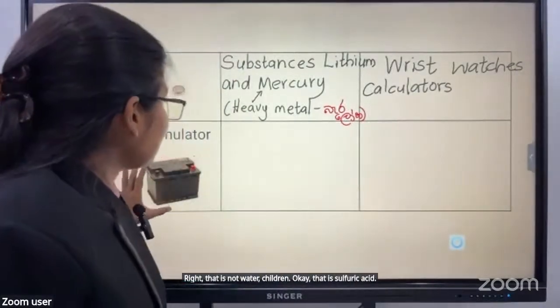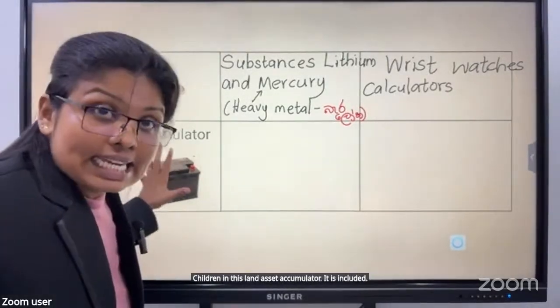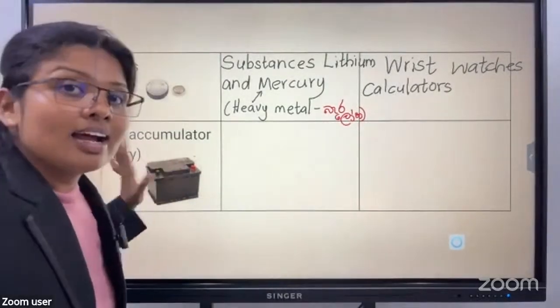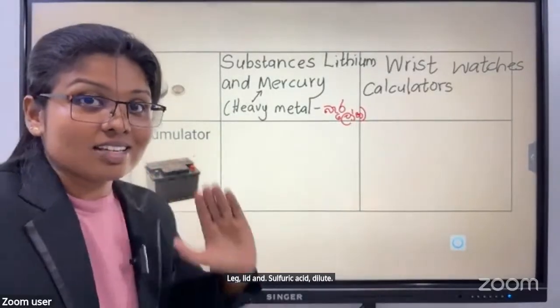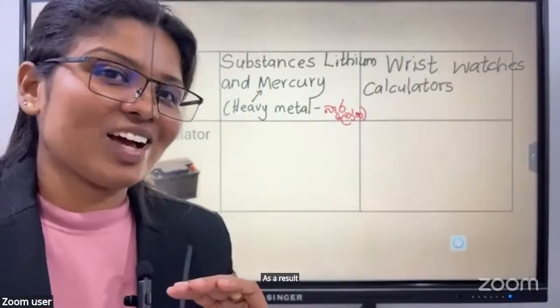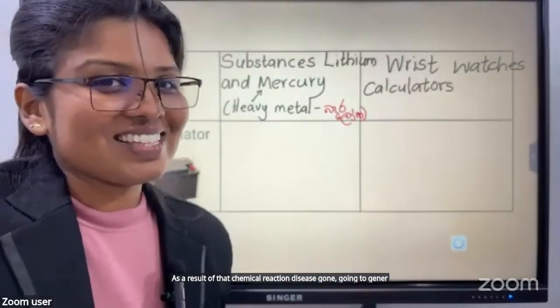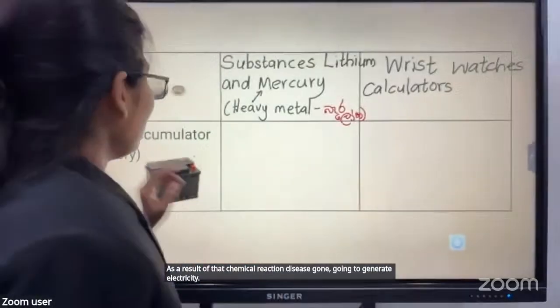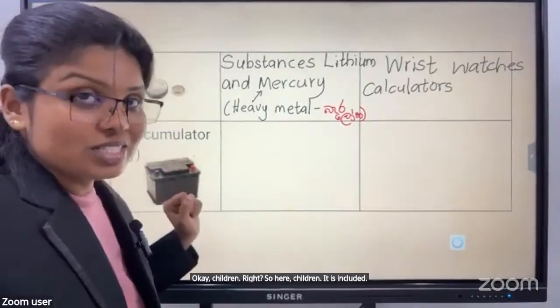Children, in this lead acid accumulator, it includes lead and dilute sulfuric acid. As a result of the chemical reaction, this generates electricity. Okay, children, right? So here it includes dilute sulfuric acid.